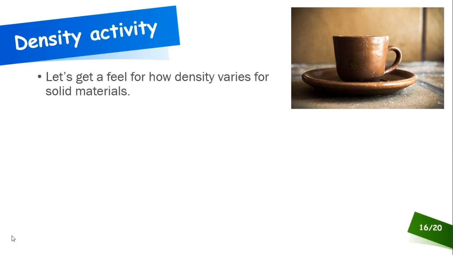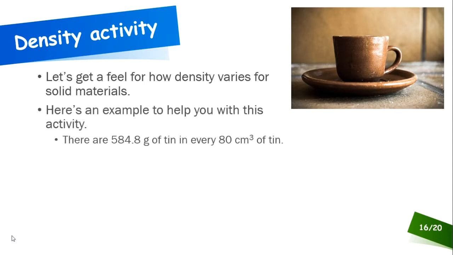Let's get a feel for how density varies for solid materials. So here we have an activity that we're going to run through, and I'm going to give you an example of how this is going to run. So let's say we've got 584.8 grams of tin for every 80 cubic centimeters of tin. So this is what we're given, and we need to find the density.